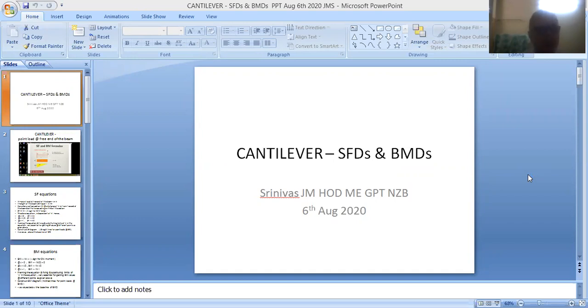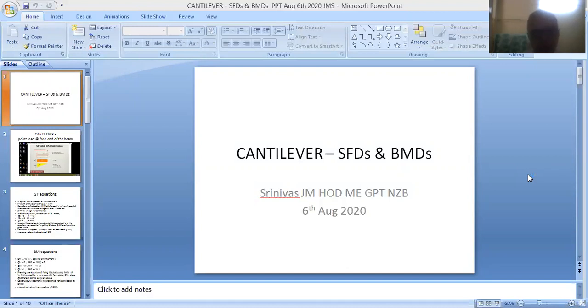This cantilever is a beam which is fixed at one end and free at the other end. So any beam which is fixed at one end and free at another end is called a cantilever.